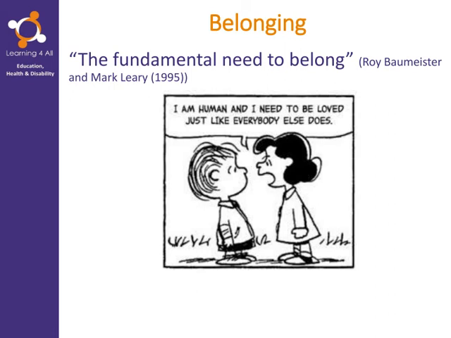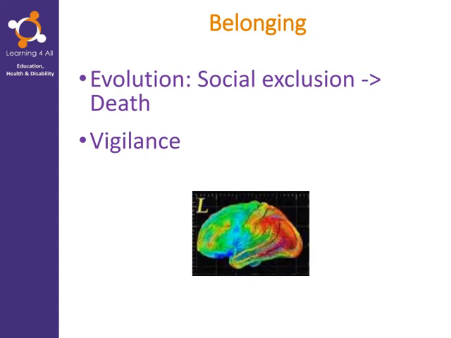The need for belongingness is thought to come from an evolutionary perspective. Basically, the idea that in the past, pretty much everything up until the last 50 to 100 years, if we did not belong to a community, if we were not safely part of a community, then our brain would understand and recognise that we were in threat, because without a safe community to belong to, we had a higher chance of death.